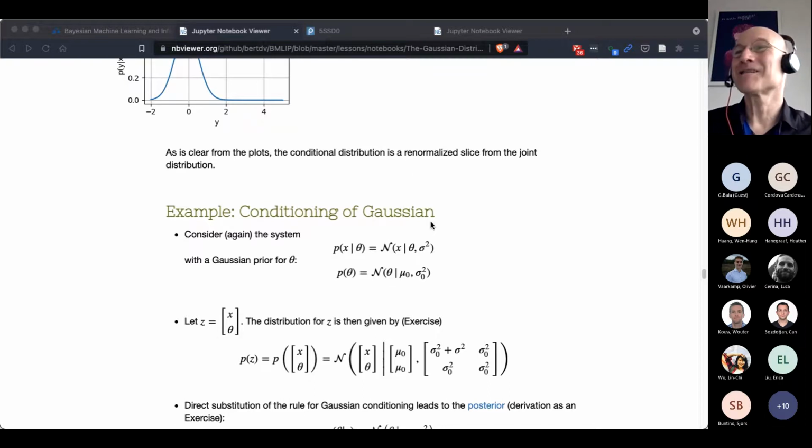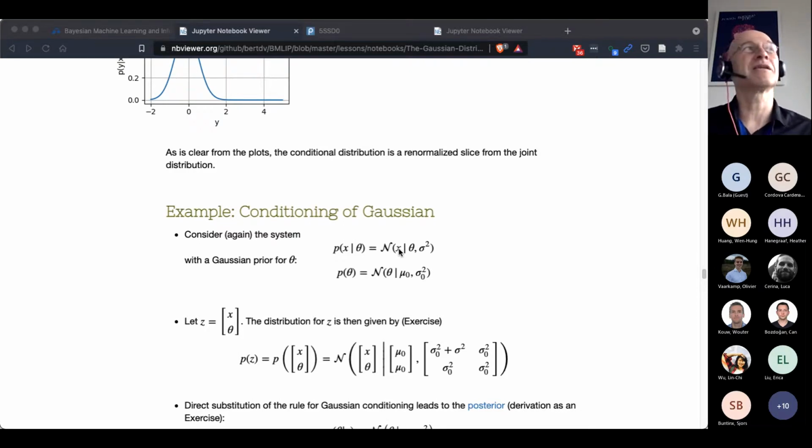But this Gaussian here, the likelihood, I can also write as a Gaussian over theta with mean x and variance sigma squared. Okay, and then it works, right? Then I can apply this formula. Then I have a Gaussian over theta times a Gaussian over theta. I can just look at the formula and write down the answer.